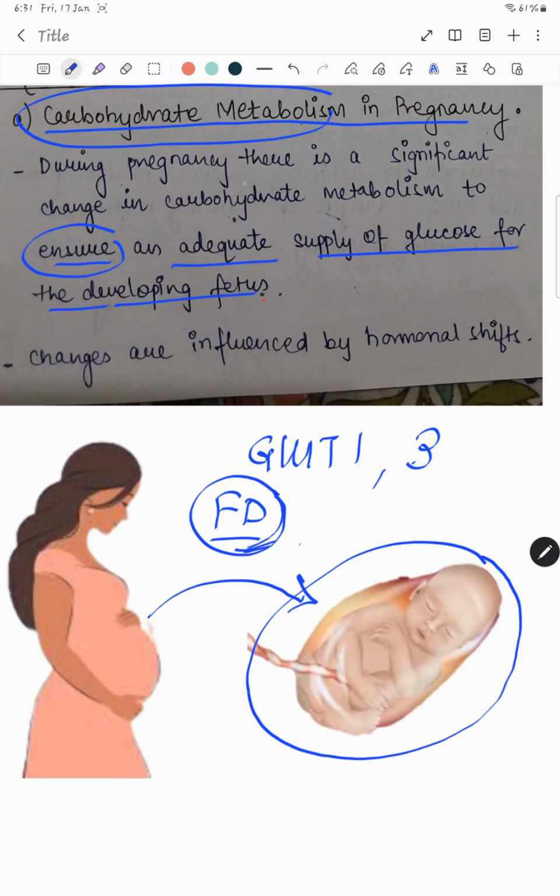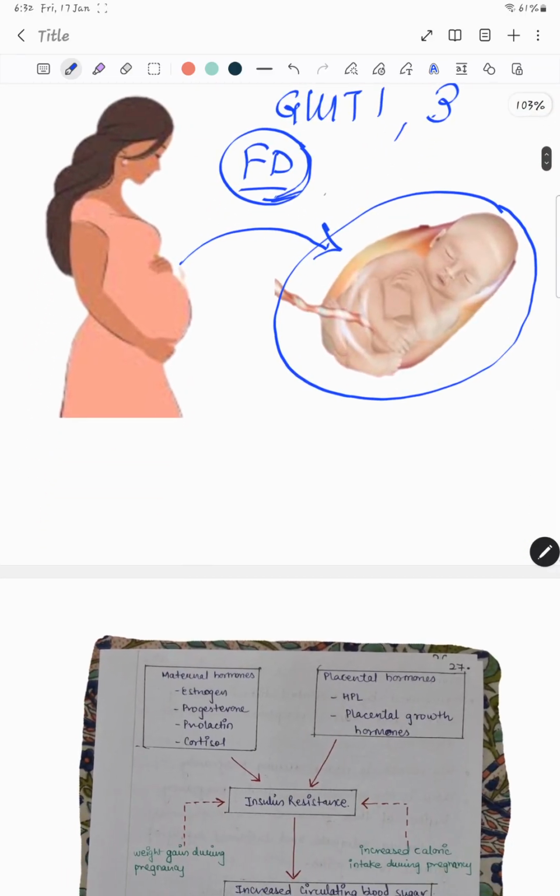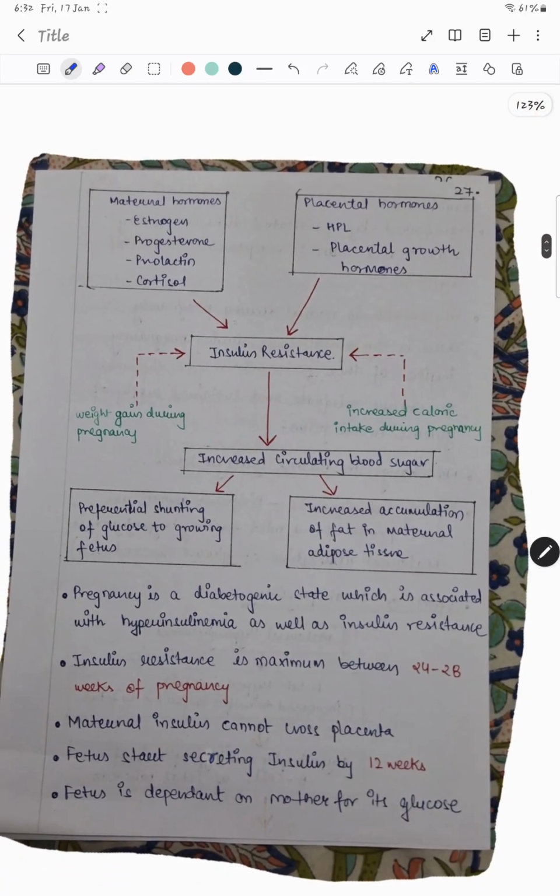These changes in carbohydrate metabolism are due to some hormonal shifts. As you all know, pregnancy is a diabetogenic state due to insulin resistance.